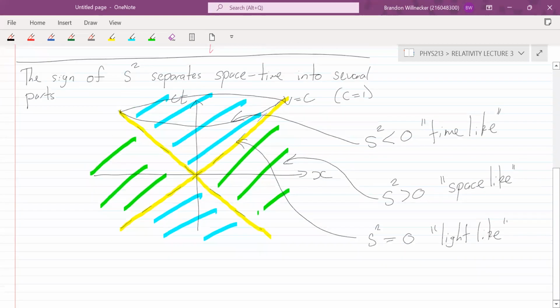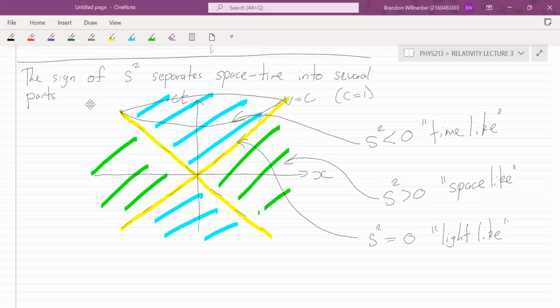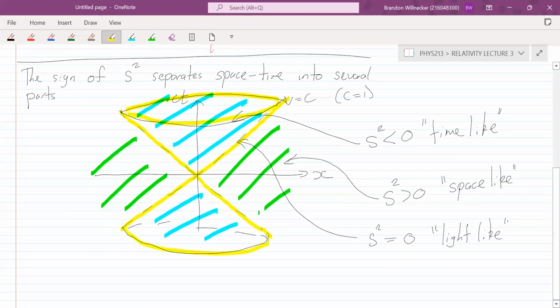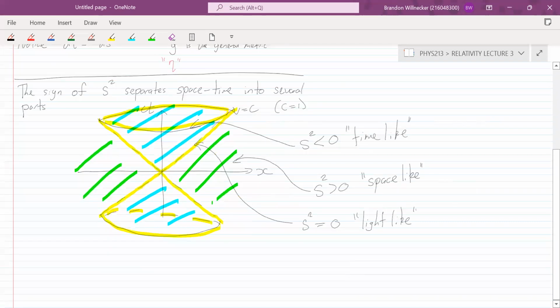These diagonal lines, if we rotate them around into the other dimension, we end up with a cone like this. Okay, so this cone over here, let's just highlight that there. So we've got this cone going around. This is called the light cone. Okay, so hence the name light-like.